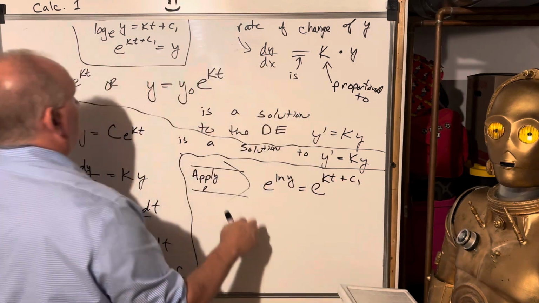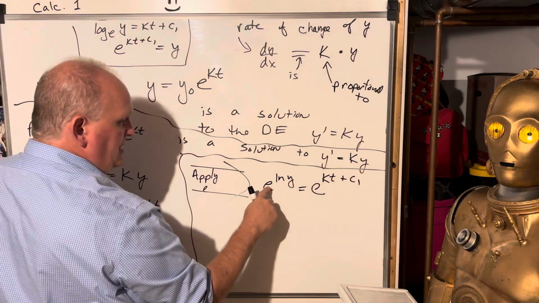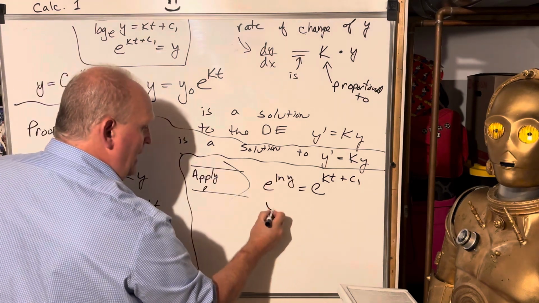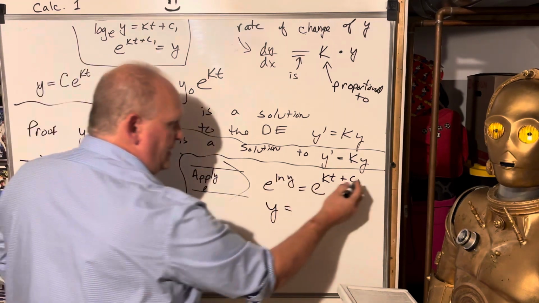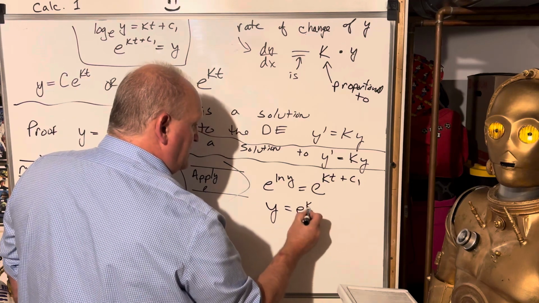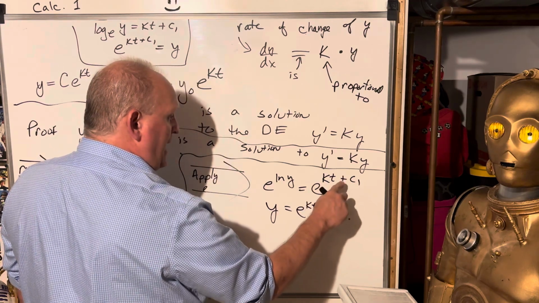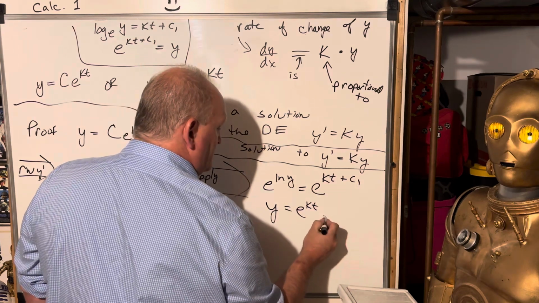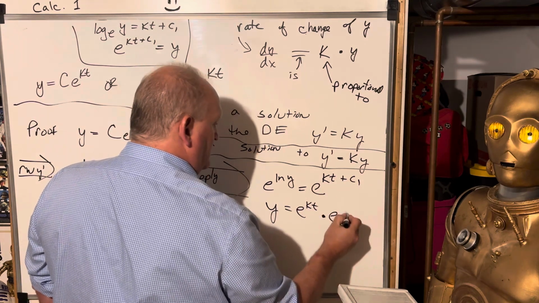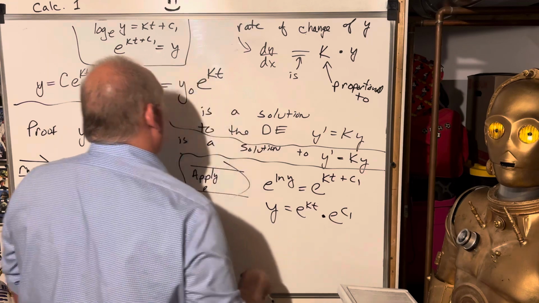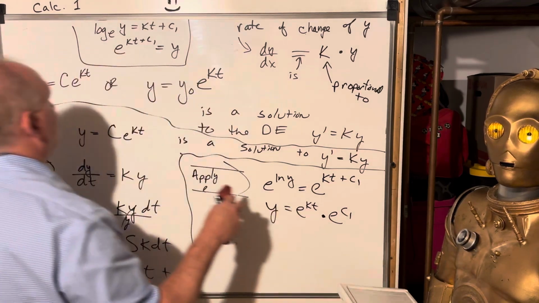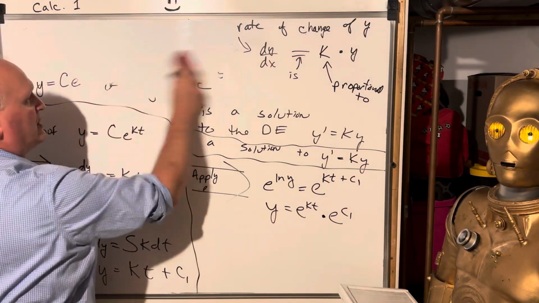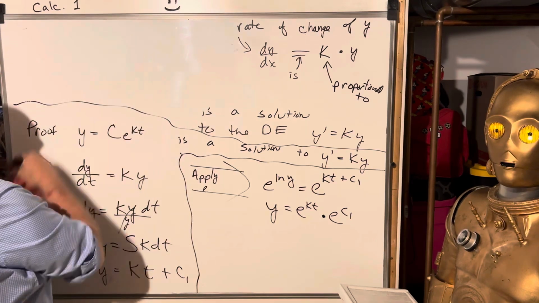So you still get to the same spot because then this e to the ln y is just y. And then this e to the kt. Now remember, when you're adding exponents, that's the same as multiplying like bases. So I could kind of split this up like so. Okay. And so remember, just do a quick recall here.